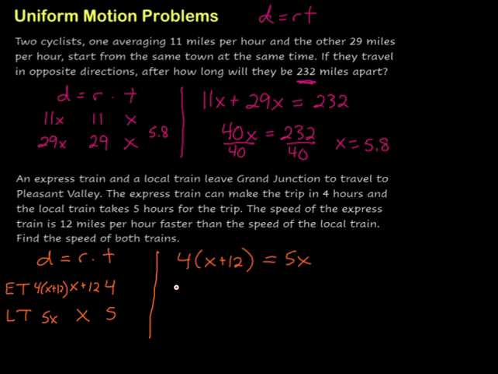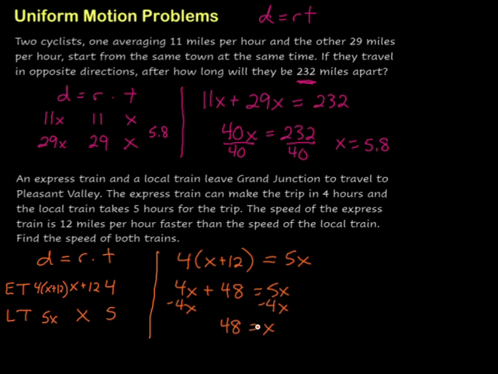And so we distribute first of all, so we get 4x plus 48 equals 5x, and then subtract 4x, get all those x's together, and we end up with 48 equals x. So what does that mean? Well, what was x?